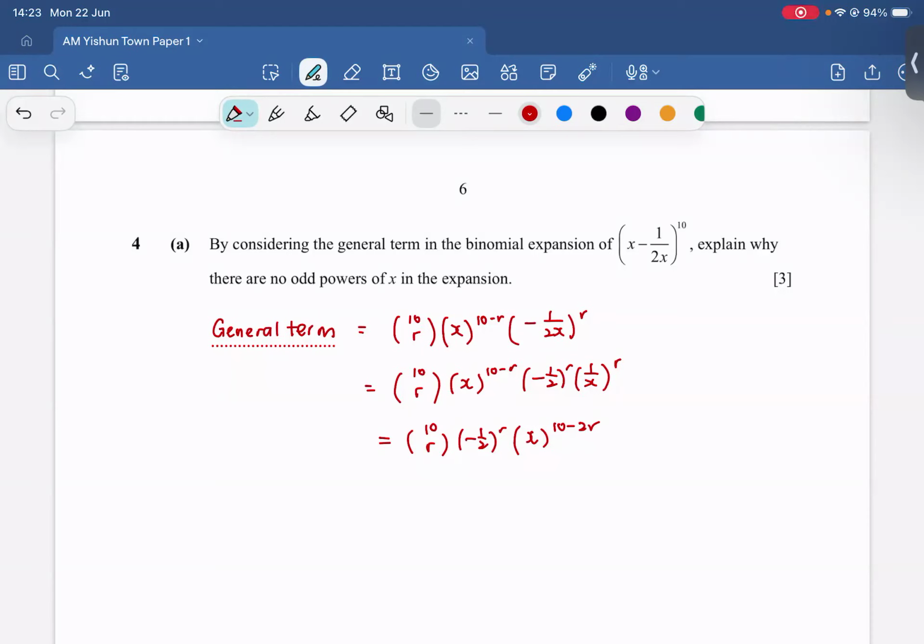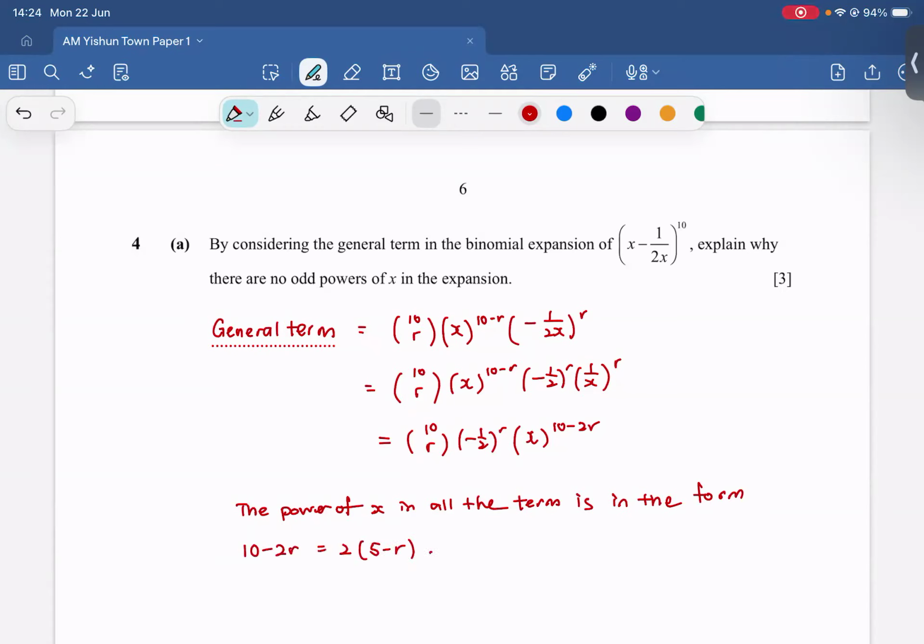So we say the power of x in all the terms is in the form 10 minus 2r, which equals 2 bracket 5 minus r.